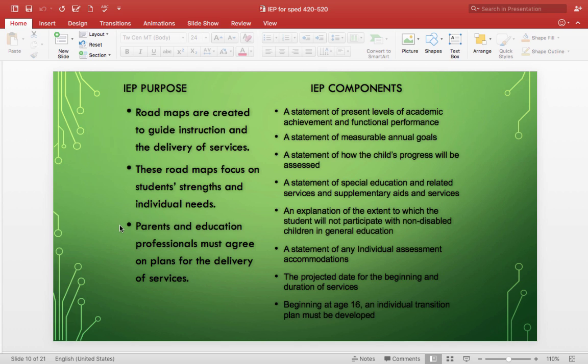And then parents and educational professionals must agree on the delivery of the services. This is why we need to be talking to parents. So we have a lot of different components. We have present levels of academic achievement, functional performance, behavior, measurable annual goals. How are we going to assess them in the different types of assessments that we have?